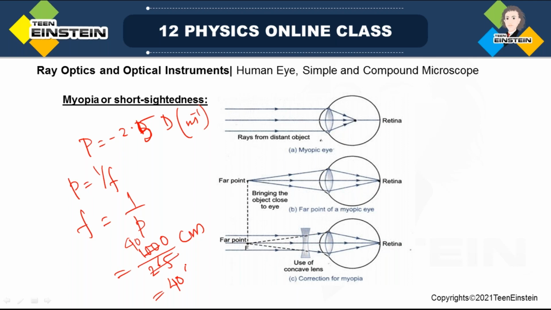So it will be 40 centimeter. So the person has nearsightedness or short-sightedness, and the far point is 40 centimeter from the eye lens itself. So this was the question.